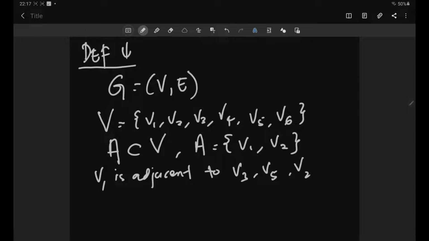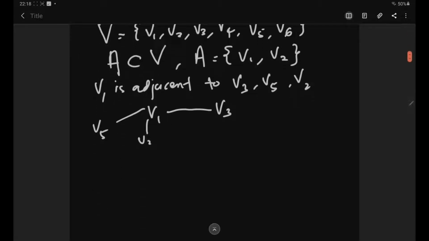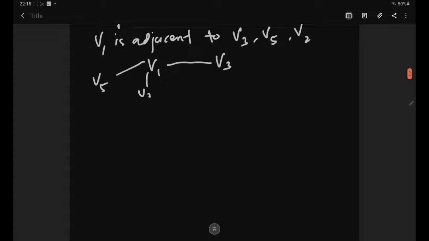That means in the graph G, the vertex V1 is connected to the vertex V3, to vertex V5, and also to vertex V2. That's why we call them adjacent to V1.